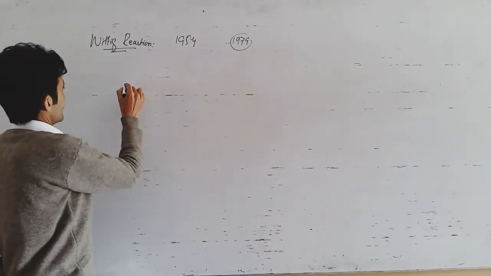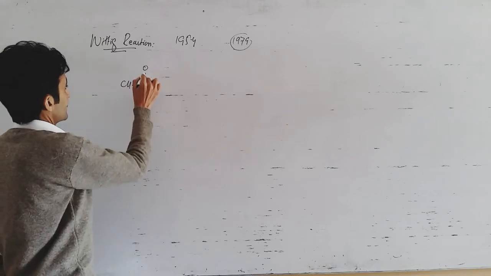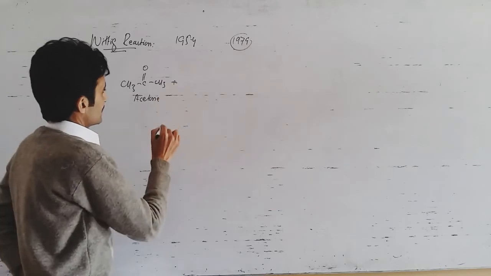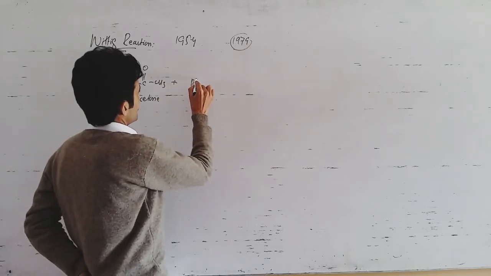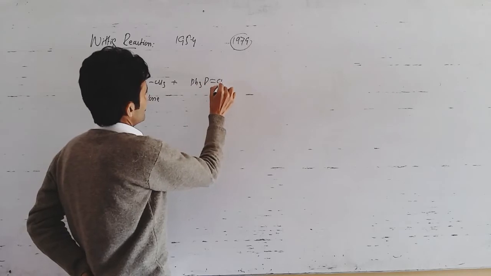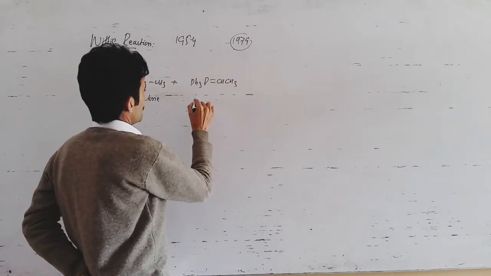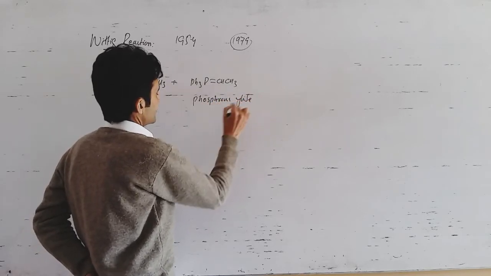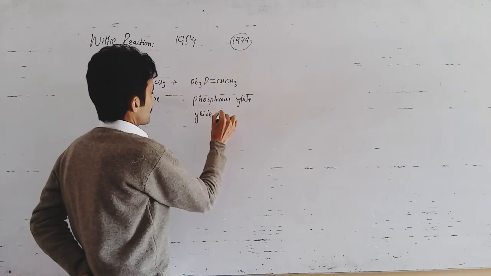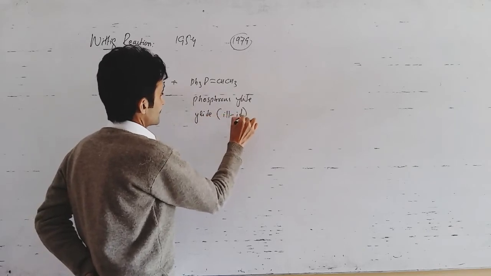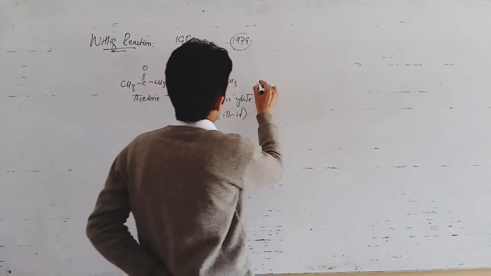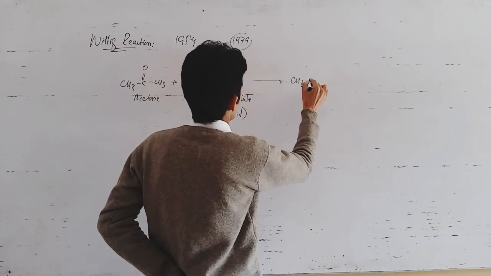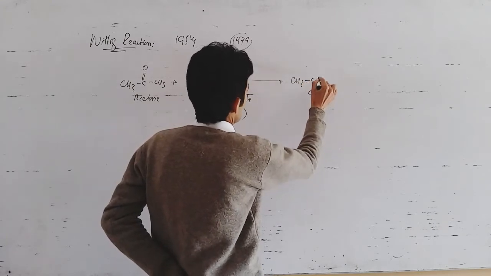In the Wittig reaction, a carbonyl compound such as an aldehyde or ketone, here in this case acetone, reacts with a compound which is known as phosphorus ylide. This term is pronounced as "ilid". It reacts and gives rise to the formation of an alkene.